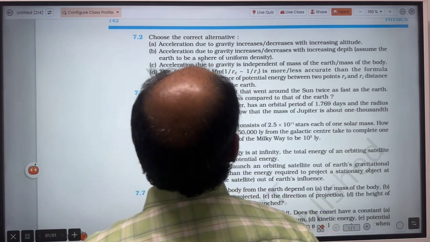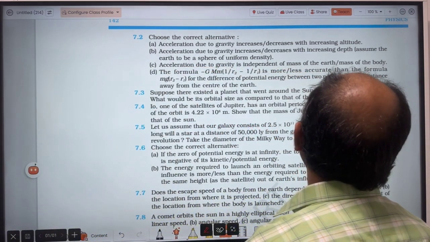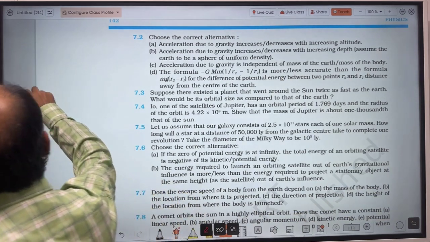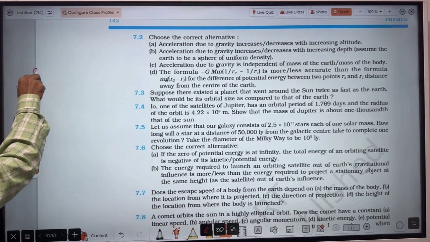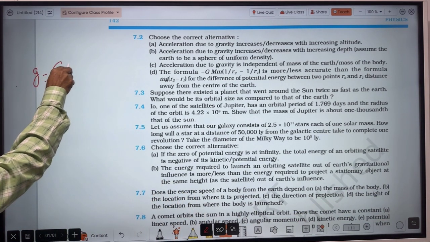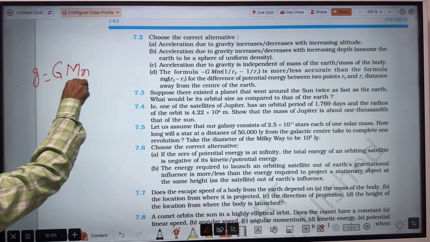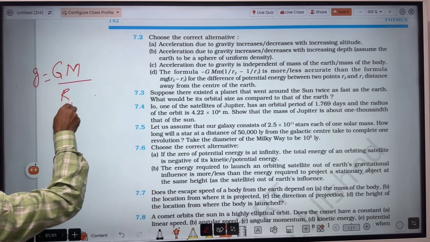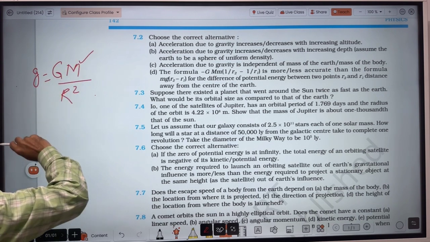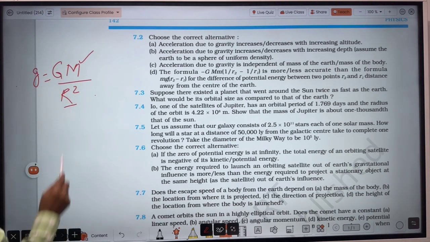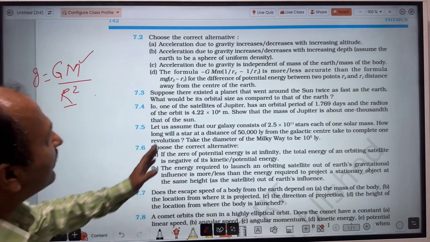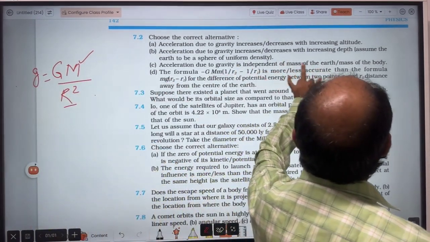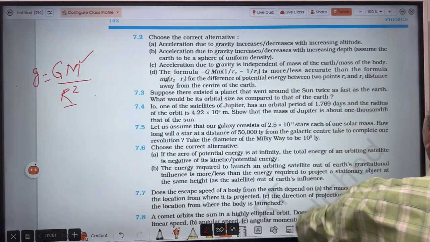The acceleration due to gravity is independent of mass of the earth or mass of the body. If you remember the formula, g equals GM upon R square. Here M is mass of earth and R is radius of earth. Mass of the object is not involved in the formula. So definitely our answer will be acceleration due to gravity is independent of mass of the body.